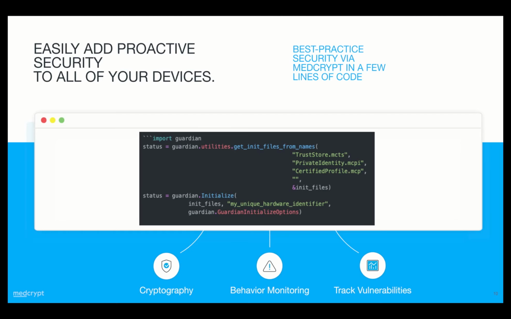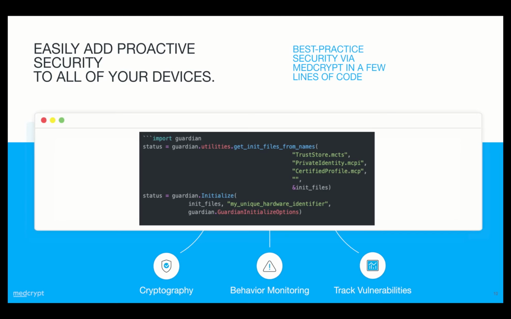So if we dive into those must-have features of cryptography, behavior monitoring, and tracking vulnerabilities, from a cryptography perspective, the ability to encrypt and sign data and commands to verify the integrity of a device and the settings of that device, as well as ensuring privacy, is critical.